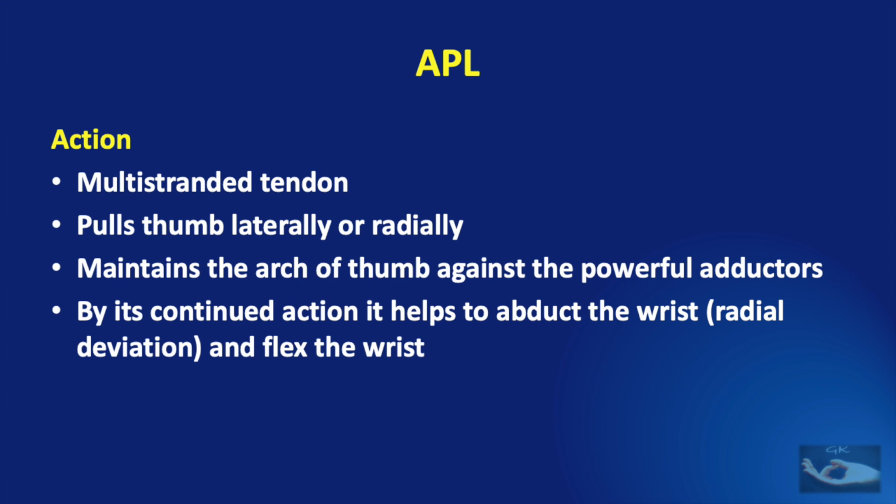The abductor pollicis longus is a multi-stranded tendon. It pulls the thumb laterally or radially, and it is important because it maintains the arch of the thumb against the powerful adductors. By its continued action, it helps to abduct the wrist, that is radial deviation, and also flex the wrist.